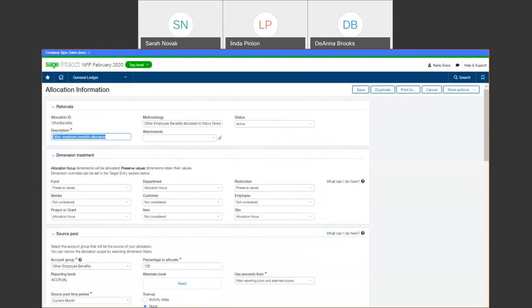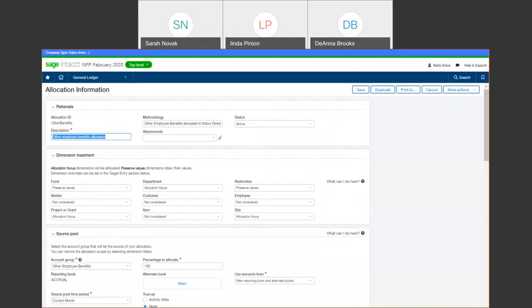So what I chose to do here is to show you a couple of screens directly from my environment. This happens to be my not-for-profit environment, but I'm showing you these screens to say, this is how you're going to go in and define or set up an allocation definition.